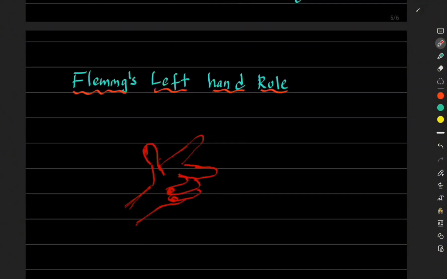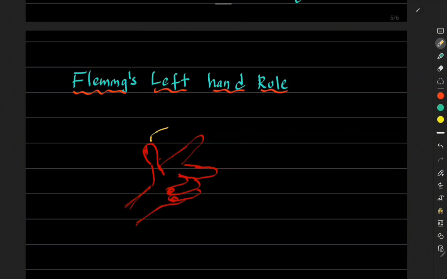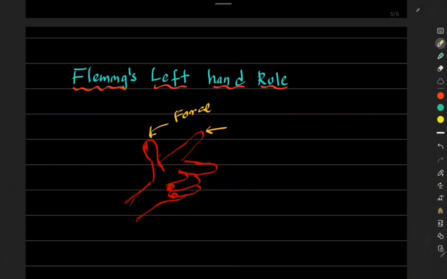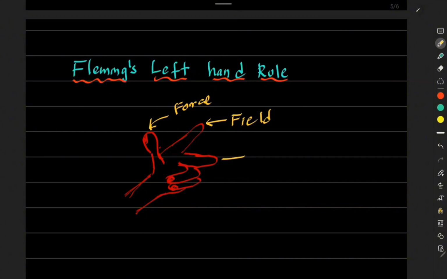Now let's discuss Fleming's left hand rule. By using Fleming's left hand rule, we can find the direction of the force, the field and the current. The thumb indicates the force, the forefinger is the field, and the middle finger is the current.